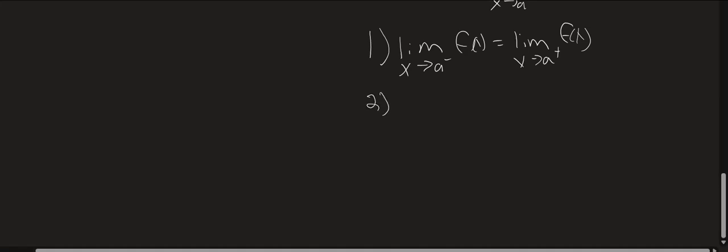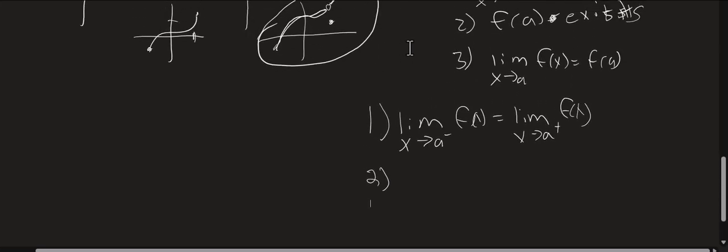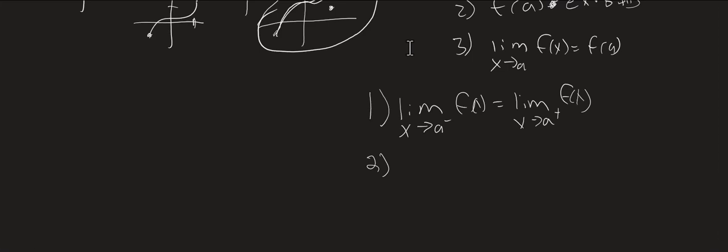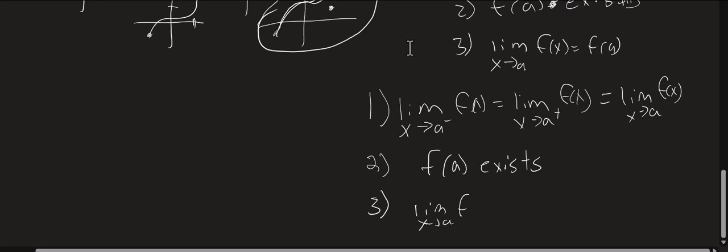Okay, so number two is that f of a exists. And so the limit as x approaches a from the left has to equal the limit as x approaches a from the right, which has to equal the limit as x approaches a of f of x. And then three, in order to be continuous, that limit has to equal the value of the function.